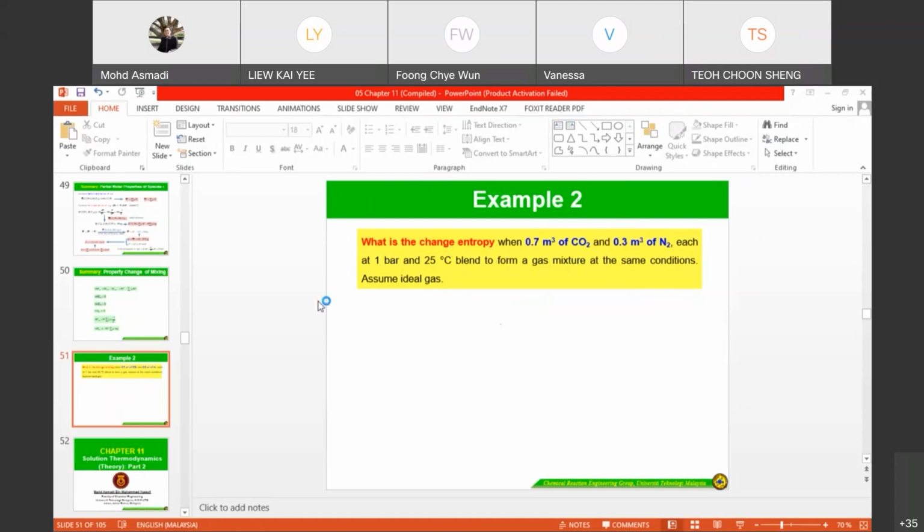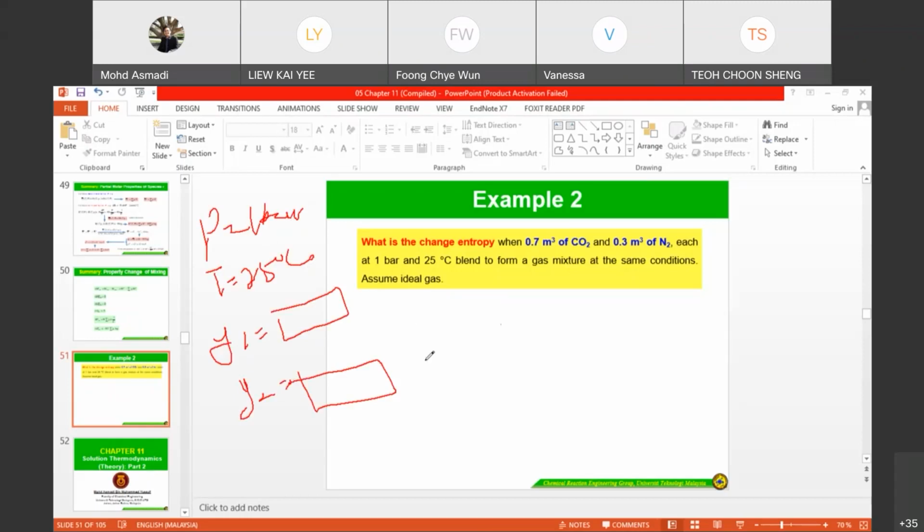Pressure 1 bar, T equal to 25 degrees C. What are the fractions y1, y2?